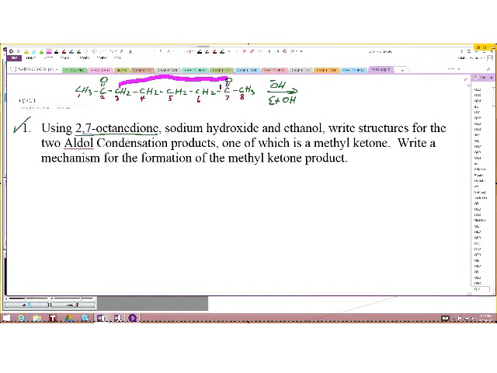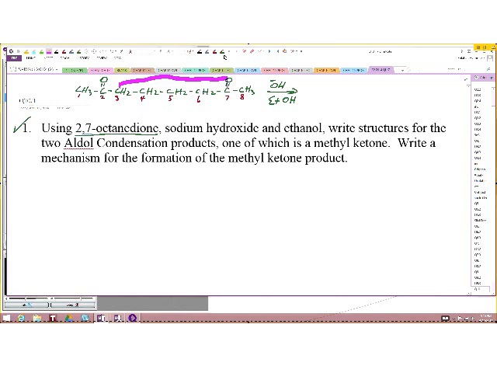Is that clear? Okay, so if that is the case, we are also forming a ring system. How many carbon atoms in the ring system? How many? 5. 1, 2, 3, 4, 5.